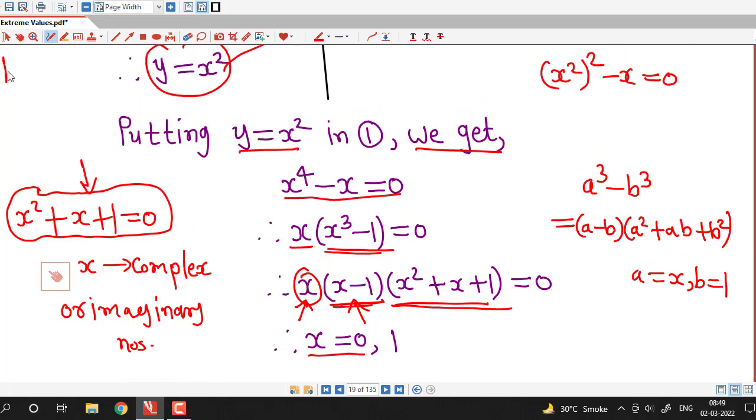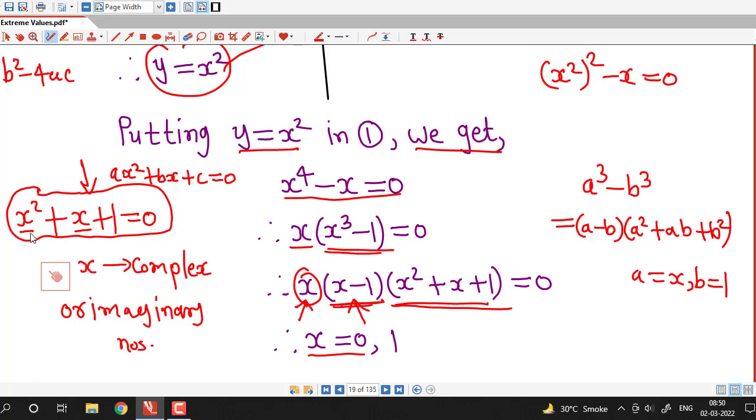You can find out b square minus 4ac by comparing this equation with ax square plus bx plus c equal to 0. If b square minus 4ac is negative, there is no real value of x which is a solution of this equation.